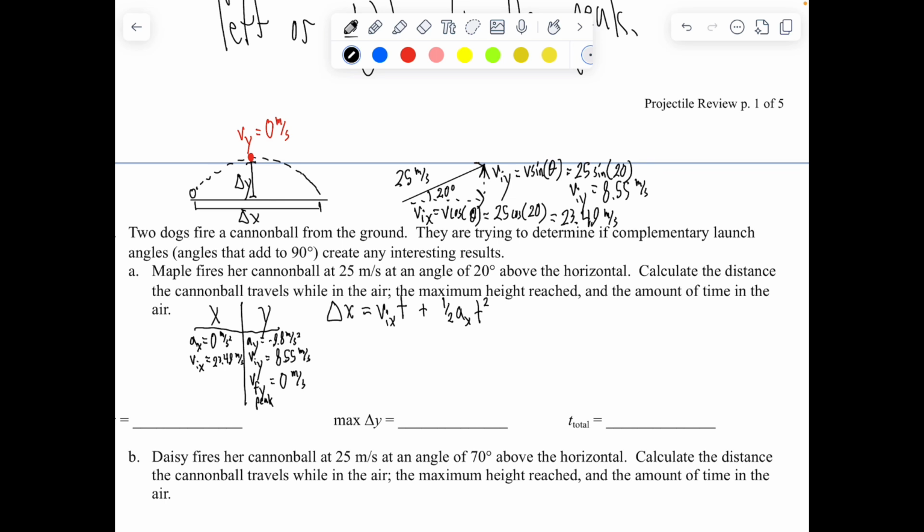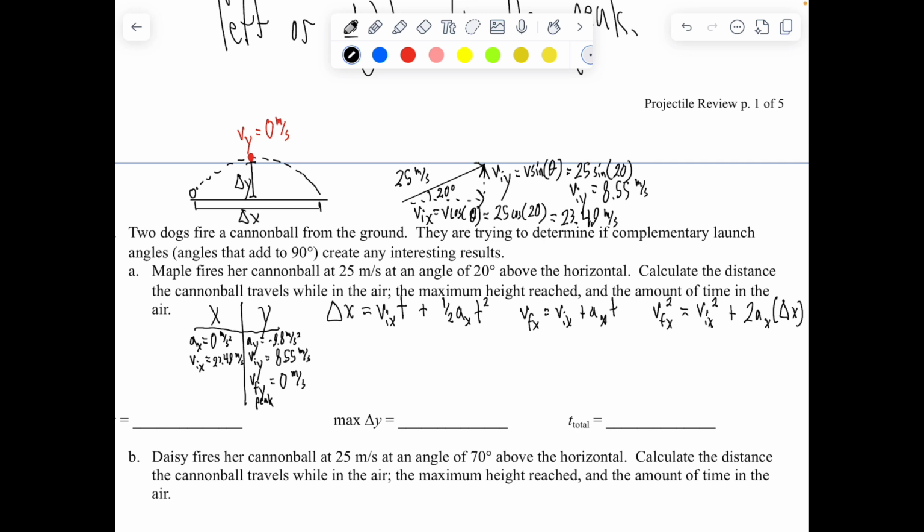We also have that the final velocity in the x is equal to our initial velocity in the x plus acceleration in the x multiplied by our time. And our last equation is our final velocity in the x squared is equal to our initial velocity in the x squared plus 2, the acceleration in the x direction, multiplied by that displacement in the x direction.